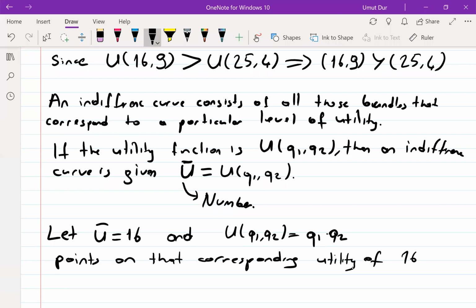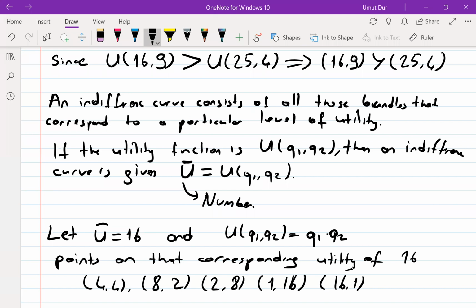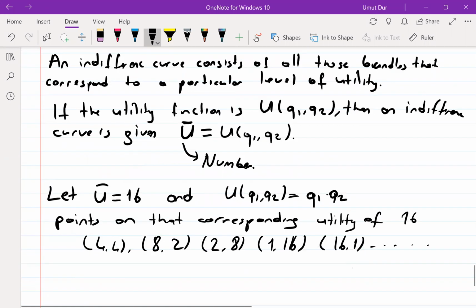Can you give me some points which are giving me a utility of 16? 8 and 2 is one, 4 and 4 is another one, of course 16 and 1, and you can just think about the reciprocal of them. So it can be 4 and 4, 8 and 2, 2 and 8, 1 and 16, 16 and 1. So we can have many other points on the same indifference curve.